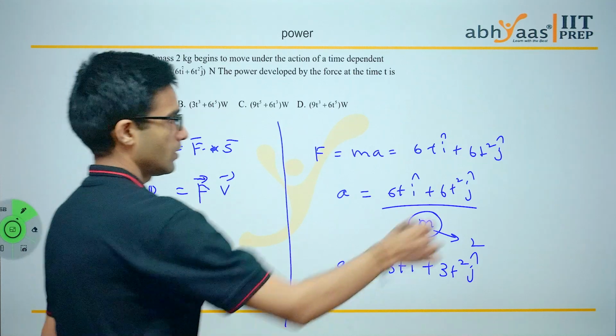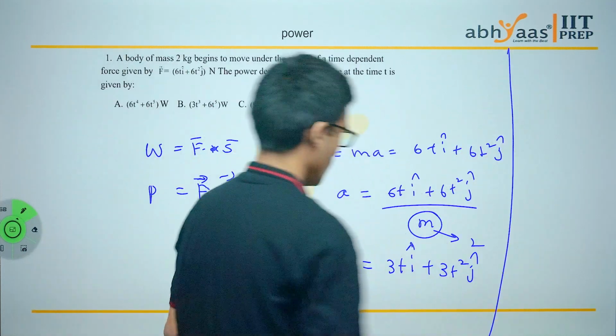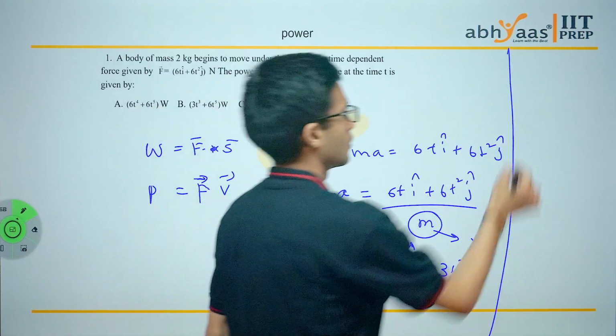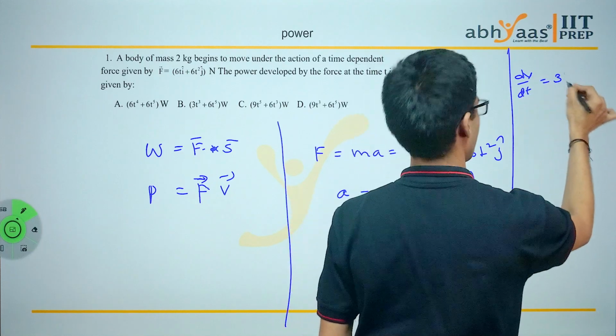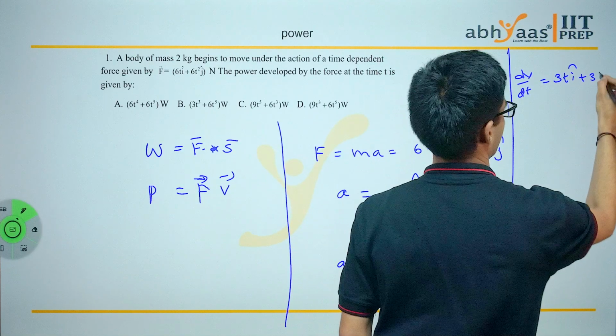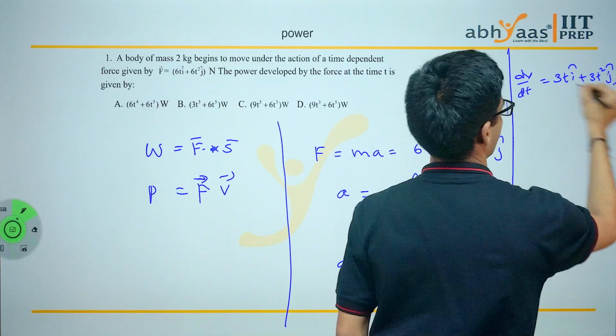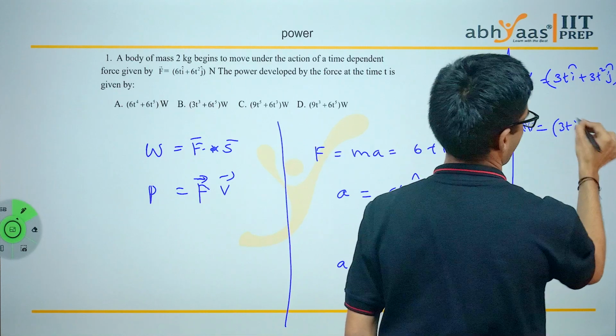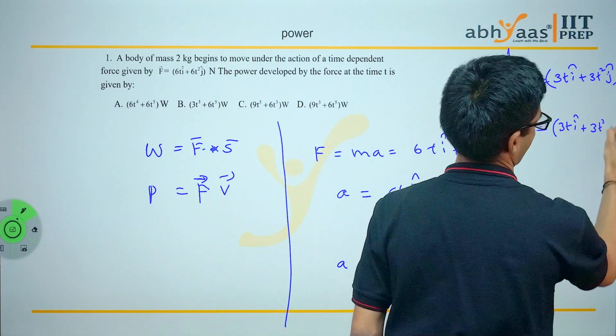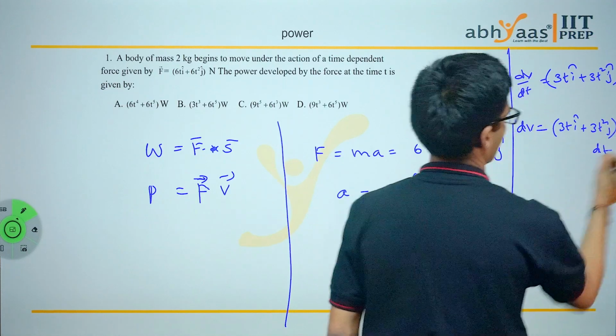But what we want is velocity. We know that acceleration is equal to dv by dt is equal to 3t i cap plus 3t square j cap. dv is equal to 3t i cap plus 3t square j cap dt.